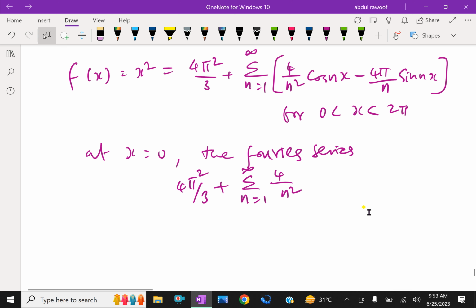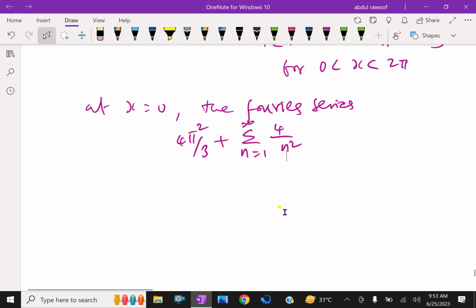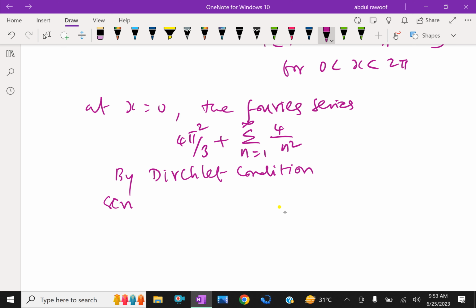but by the Dirichlet condition, the series converges at x equals 0.